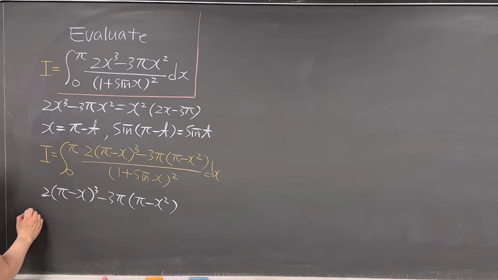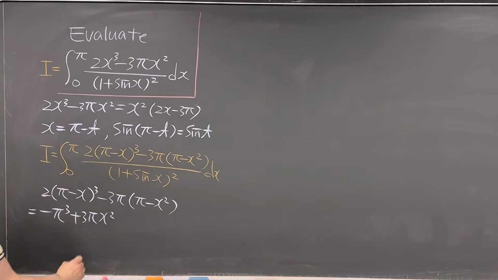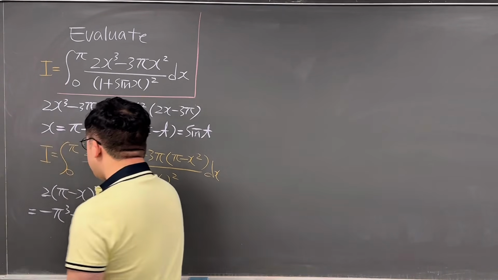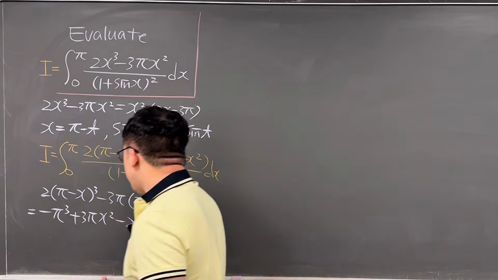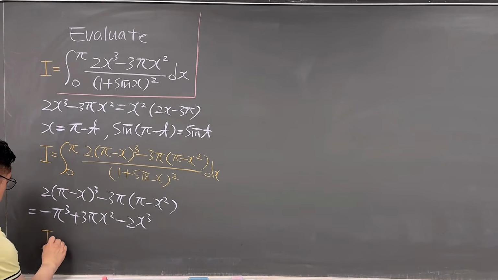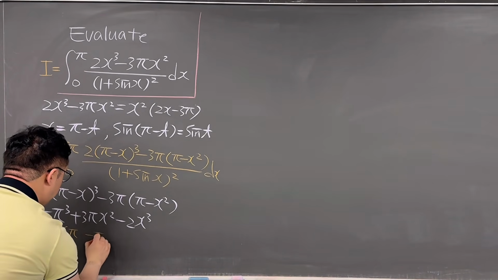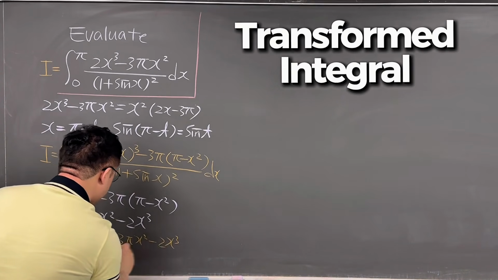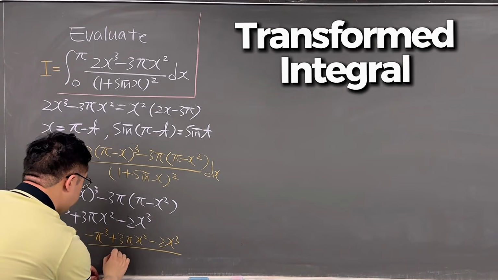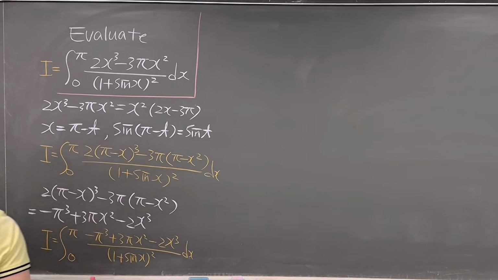And if you expand everything, this is the same as negative pi cubed plus 3 pi x squared minus 2x cubed. So let's use this as the numerator for this integrand, right? Then I is the same as the integral from 0 to pi of (negative pi cubed plus 3 pi x squared minus 2x cubed) over the denominator, still (1 plus sine of x) squared, dx.